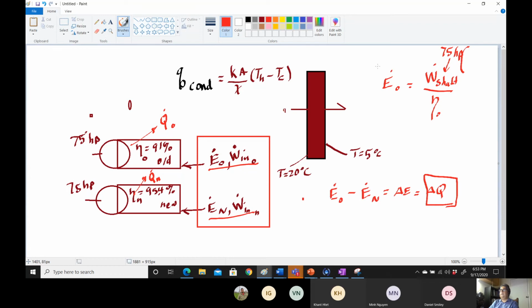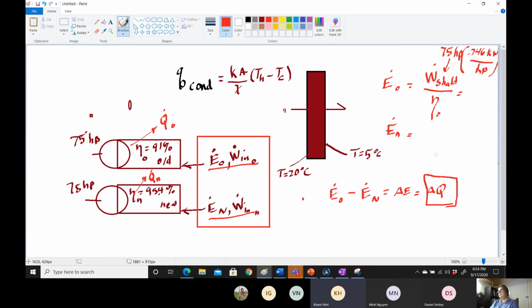You multiply by 0.746 kilowatts per horsepower, then divide by 0.91, and you get E dot O. You do the same thing for E dot new, then subtract the two, and you find the heat. That's the best way of doing it.